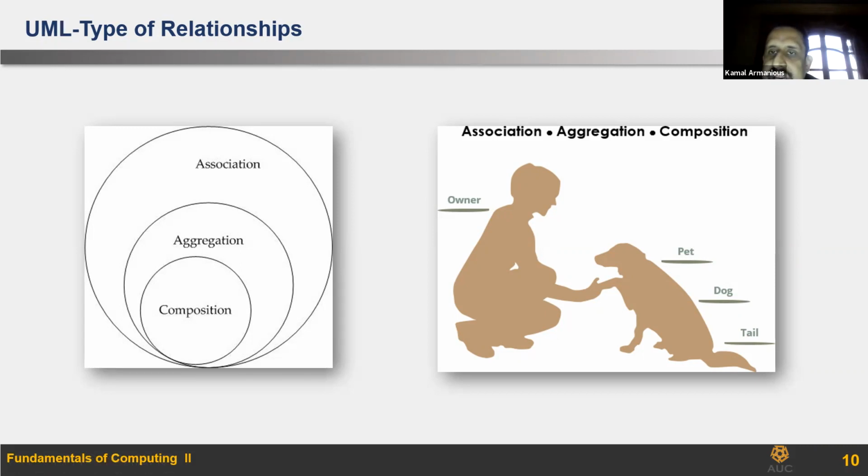This is the weakest type of relationship. There's a relationship, but the dog has its own life. The lady has her own life. They will meet at some time in the day. They play together. So there's a relation between each other.